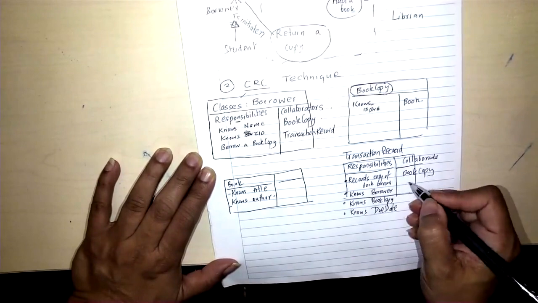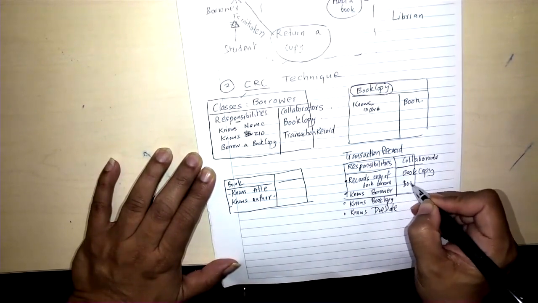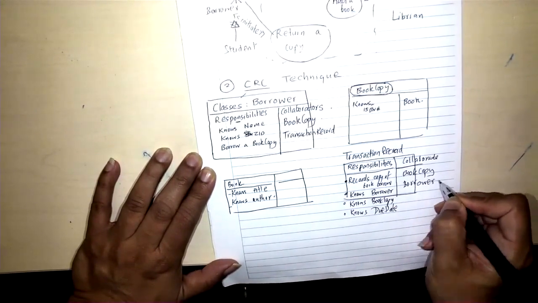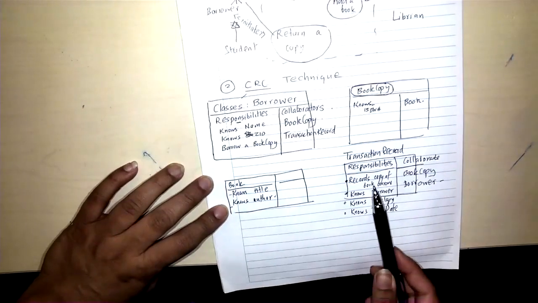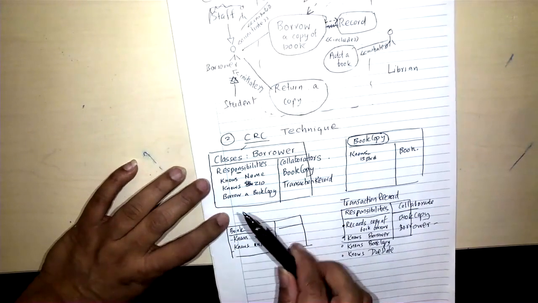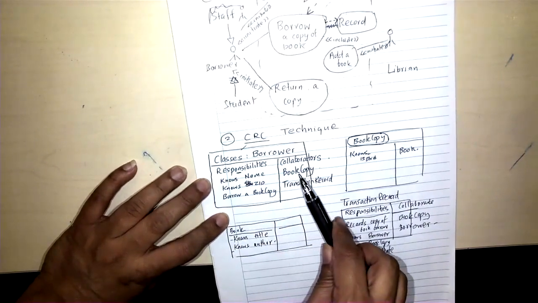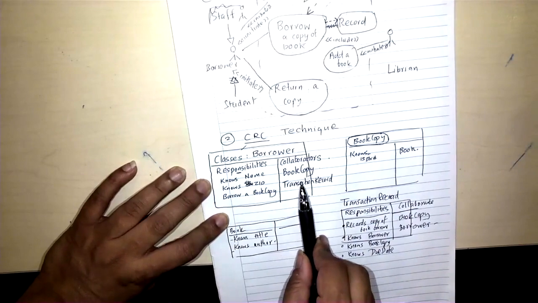Okay, so it's going to be collaborating with the borrower. You might decide to go back and see whether the borrower class needs to directly collaborate with the book copy.